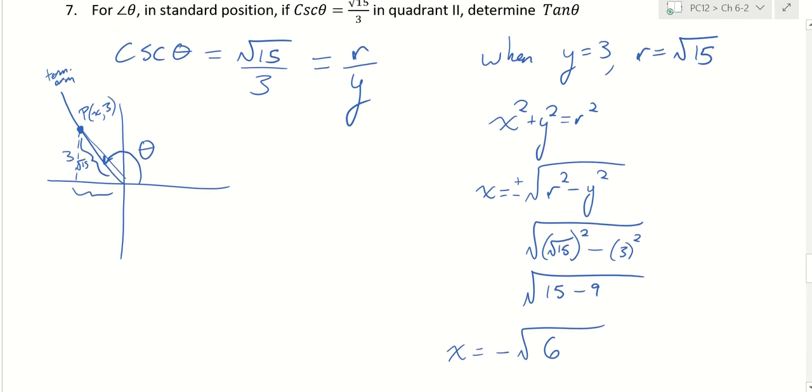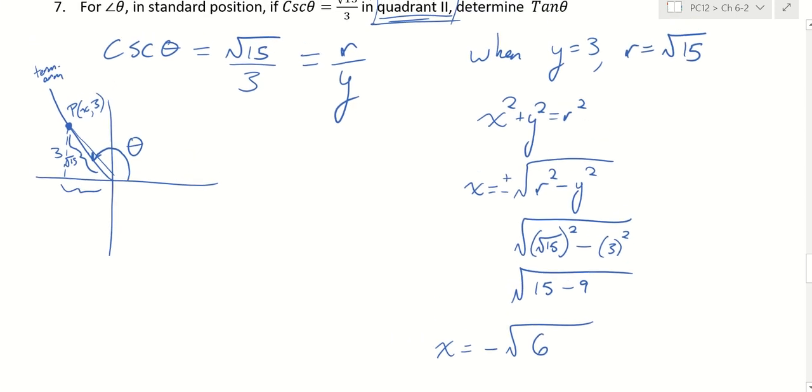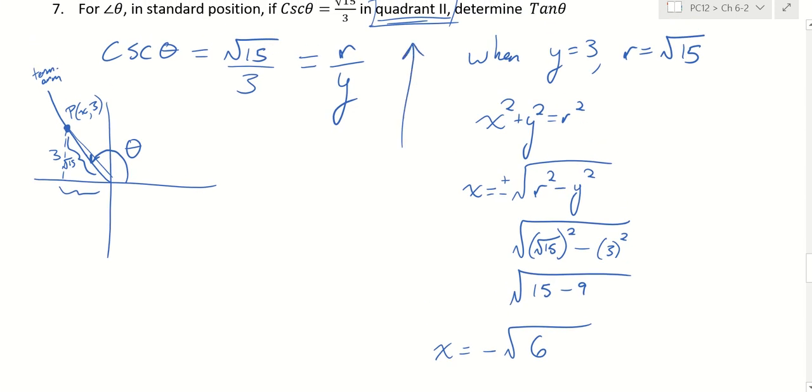So that's where the information from the question comes in. We know that this particular terminal arm lies in quadrant 2. And because it lies in quadrant 2, we don't take the positive version of that square root. We'll only take the negative version.